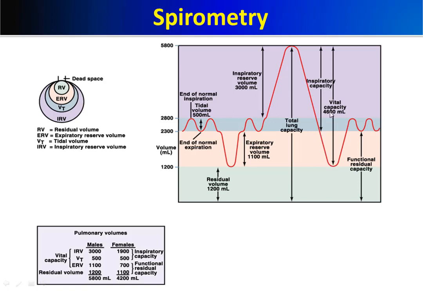And this is what you call the vital capacity, which is equivalent to the 3,000 inspiratory reserve volume plus 500 the tidal volume plus 1,100 the expiratory reserve volume. So it is approximately 4,600 milliliters of air. Now this much air, which is the residual volume, 1,200 milliliters of air, cannot be expired even using forced expiration.